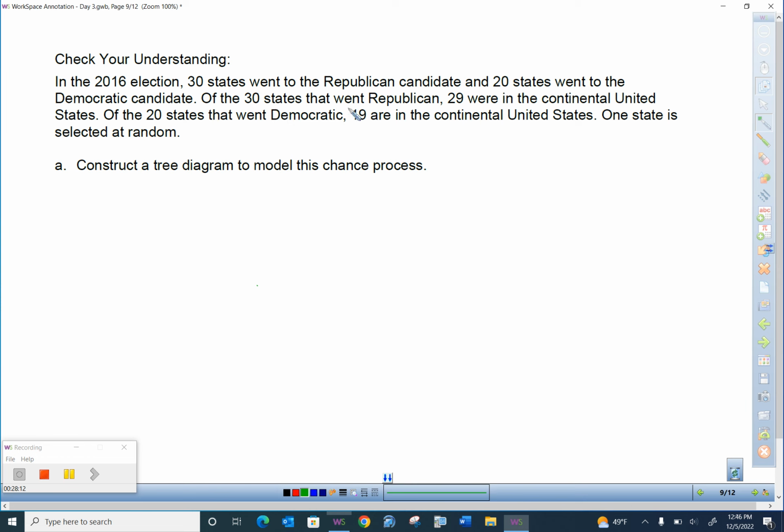And then of those 30 states that went Republican, 29 of them were continental U.S., and of the 20 states that went Democratic, 19 were in the continental U.S. So when we're setting this up, we're starting with our 50 U.S. states, and we're breaking them off into they either voted Republican or Democrat, and this is majority. And then within the Republican, we had continental, and then of course not continental.